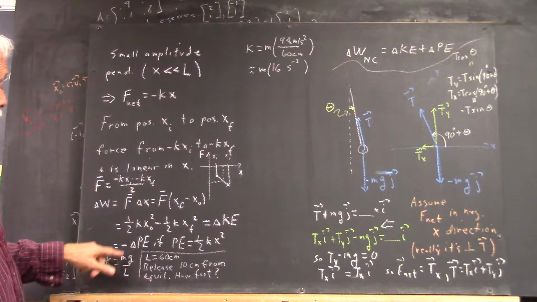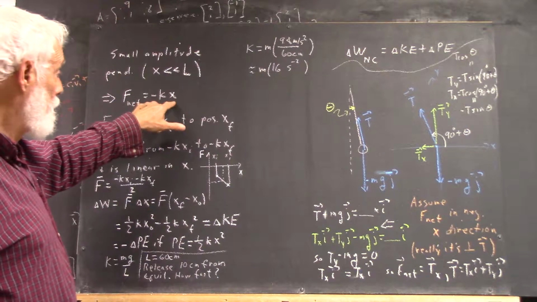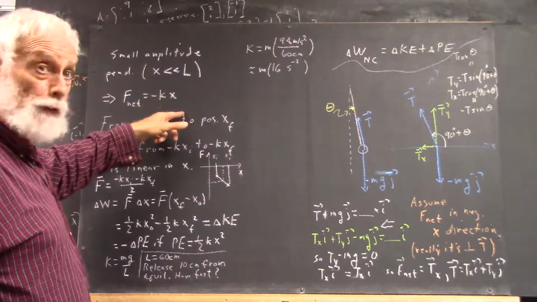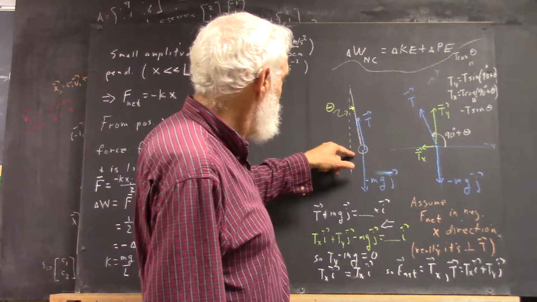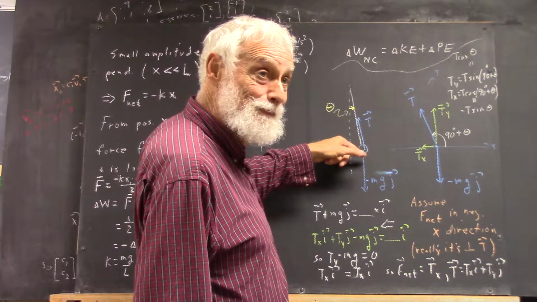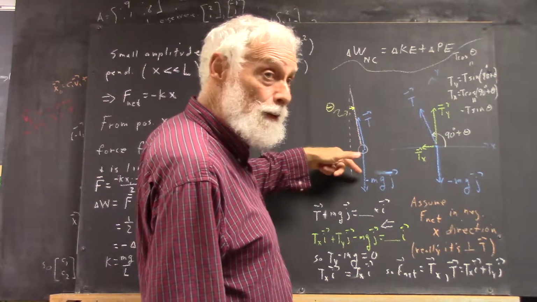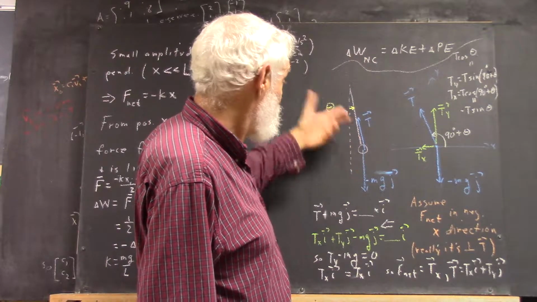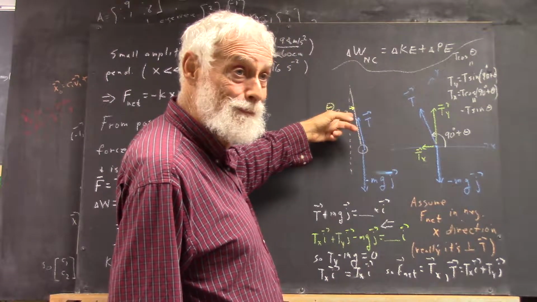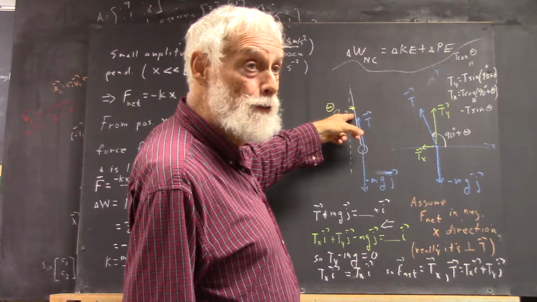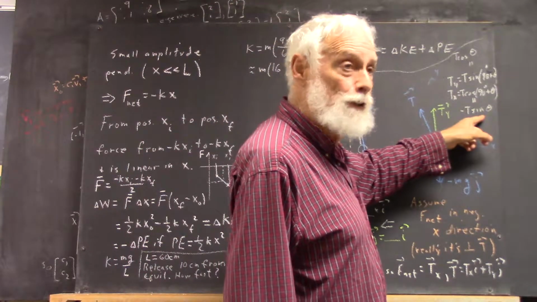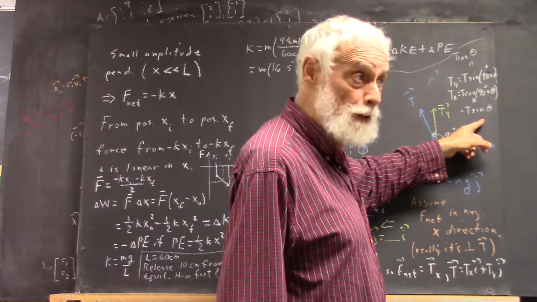Now, when you multiply negative mg over L by x, you get an x over L, right? What's x over L? Well, x is this, L is this, and x over L is just the sine of theta. Okay? And the sine of theta is close to theta, so T sine theta is close to T times x over L.